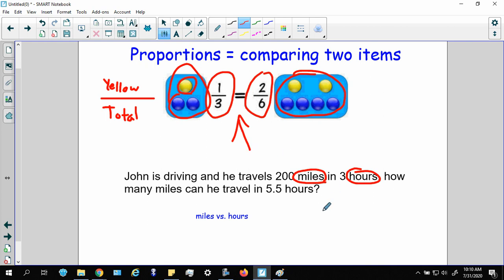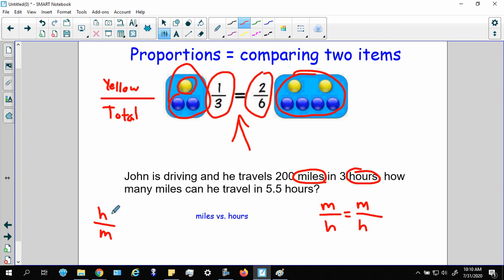If you want to put miles over hours, that's perfectly fine. If you want to put hours over miles, perfectly fine. But whatever you decide to do, you have to make sure that the next fraction you make is in the same format as the first fraction. So if you did miles over hours, the next fraction has to be miles over hours.